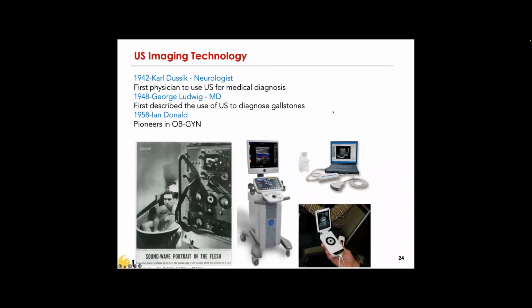We also have kidney stones, which can also be detected using ultrasound imaging. In 1958, Ian Donald was the pioneer in using ultrasound imaging in OBGYN, so you can use ultrasound to view the fetus in the uterus, okay?